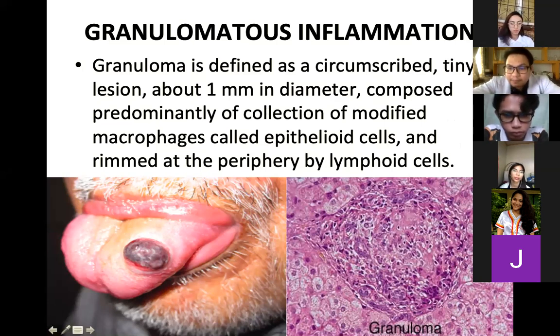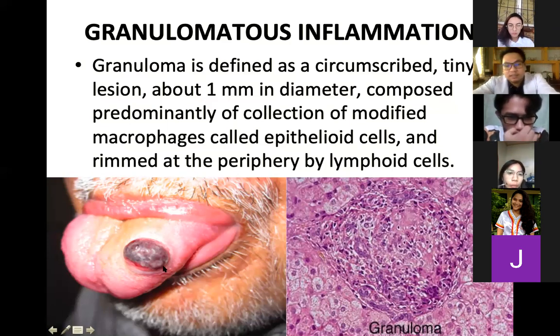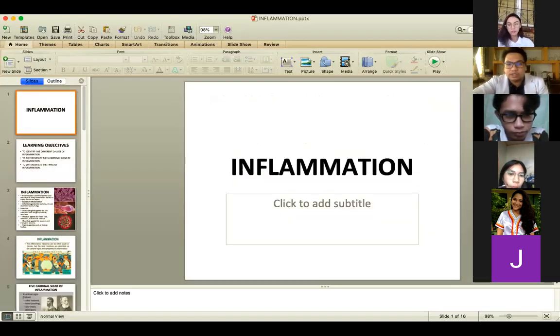Kung nakikita nyo, class, in this picture, this is a granuloma composed of modified macrophages, ito, epithelioid cells. Nakapalibot dito ang mga lymphoid cells. Okay. So, a group of these granulomas can cause, katulad dito, class. Diba? Parang tumor-like na siya. Okay. So, this is granulomatous inflammation. So, that's the end for inflammation.